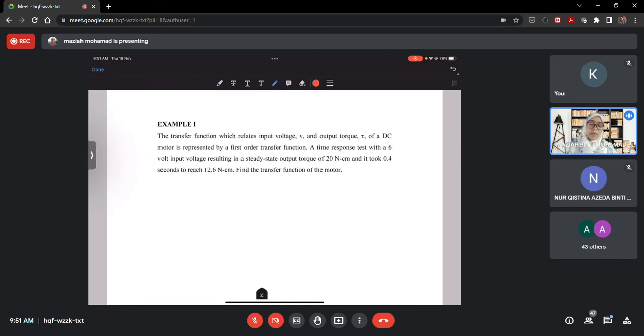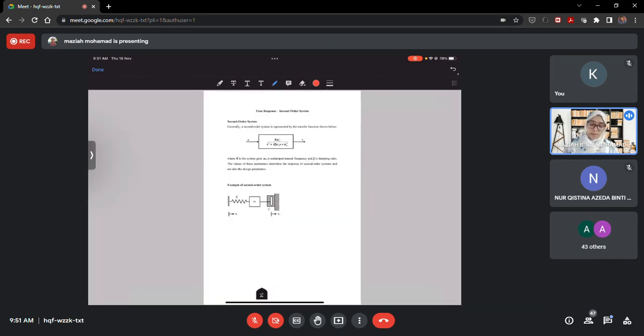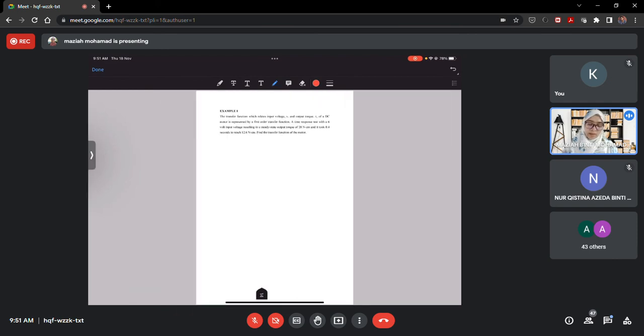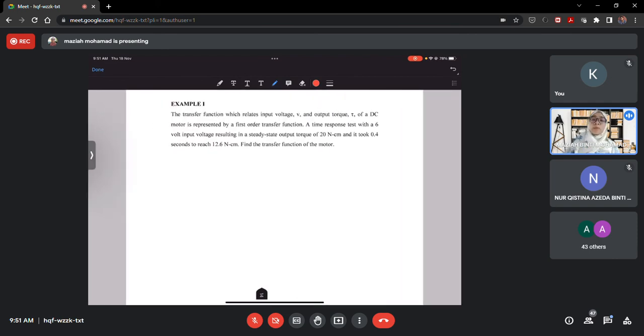Okay, let's do the example here. There is only one example for first order. Maybe I will share the past equation. So example 1: the transfer function which relates the input voltage V to the output torque.